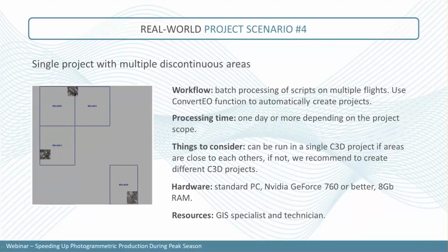Again, the next one is another rare one, but we've seen it a couple of times. It's a single project with a discontinuous area. On such projects, depending on how far apart the different blocks are, you can run a different project for each block.